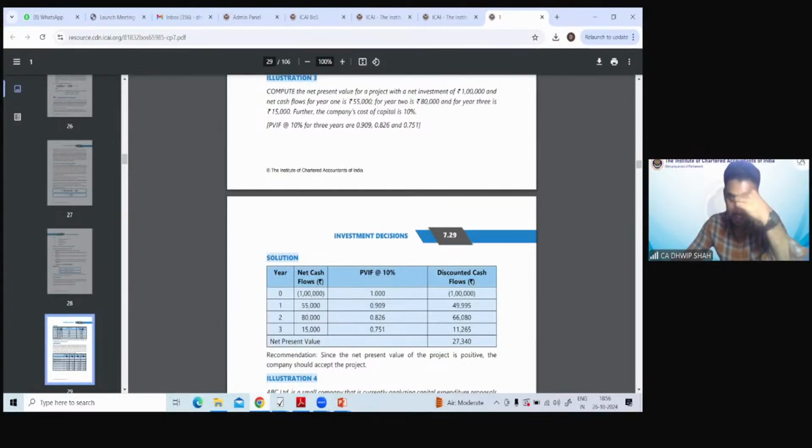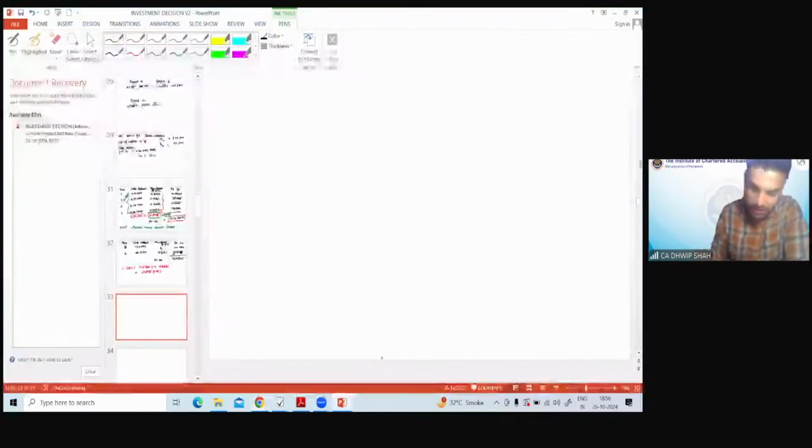So the discounting rate is given. PVIF at 10% for 3 years are 0.909, 0.826, 0.751. As I said, some questions would directly give you the discounting factors. PVIF is nothing but the discounting factor. So this question is very simple to calculate. Let's solve it.